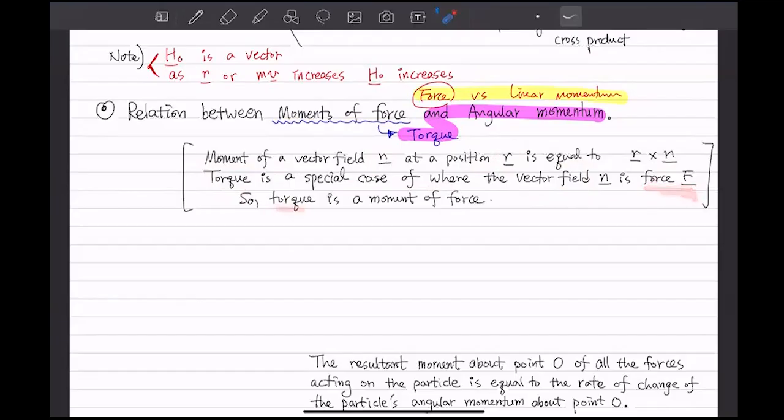So torque is a moment of force, so these two can be used as the same word. In physics, they want to divide the term, but to me, I think these two are going to be the same throughout this course, okay?